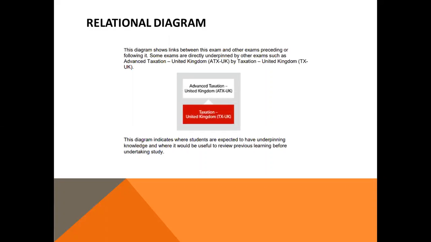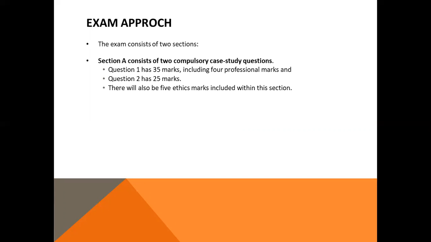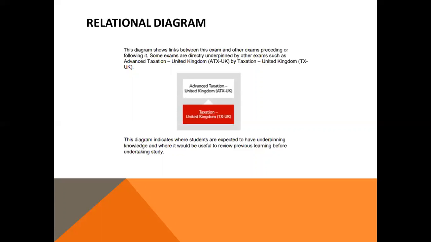Now, as we all know, currently we are at the level of advanced taxation. At an earlier stage, we cleared the basic tax paper TX, which was F6 before. If we talk about the syllabus, the syllabus for F6 and P6 are 70% the same.